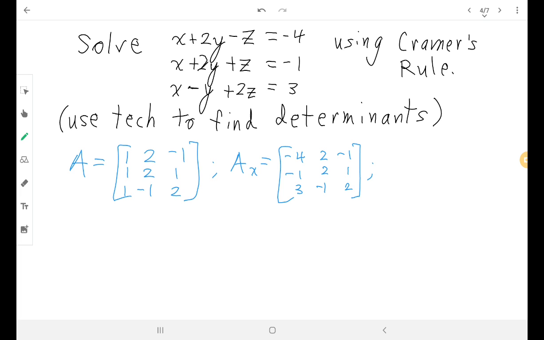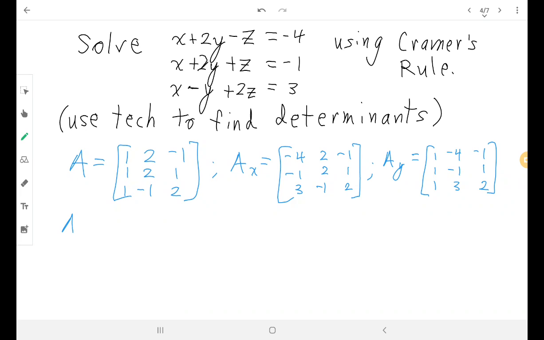And you need an A sub y, where you copy the x column from A, you replace the y column with the answers, and you copy the z column as is.